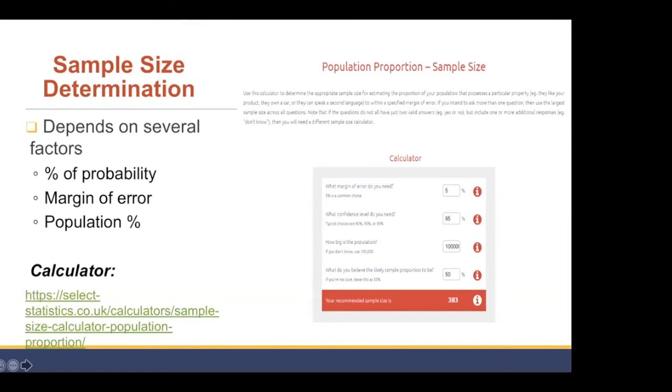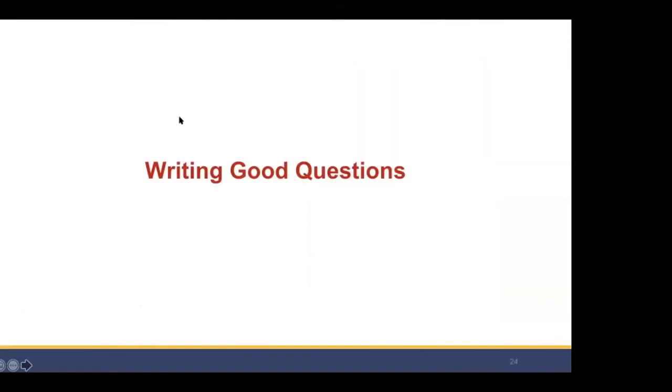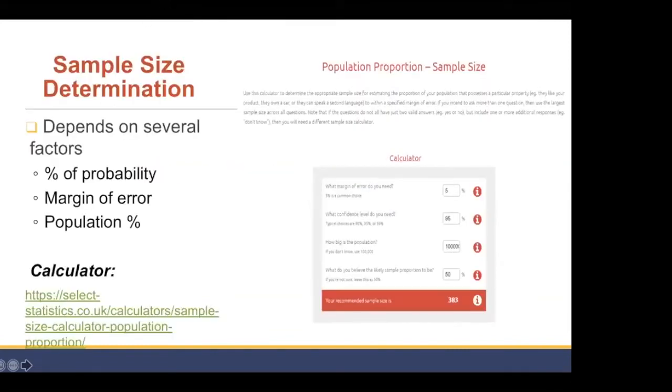Then we have to come up with a margin of error that is allowable for our study. Usually we keep it at 3% or 5%.